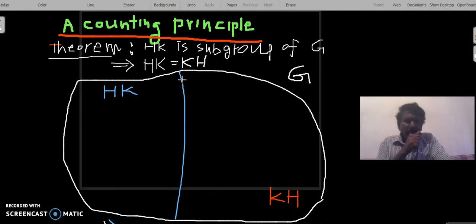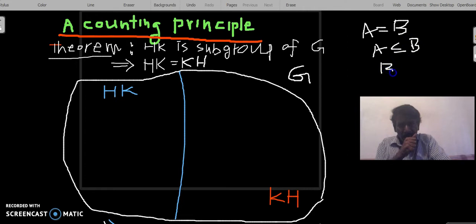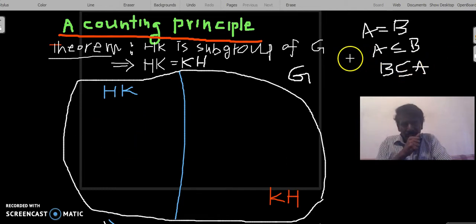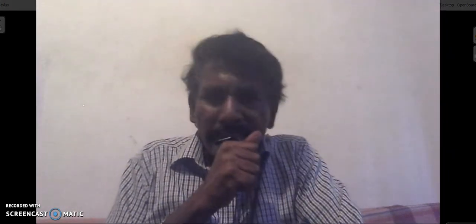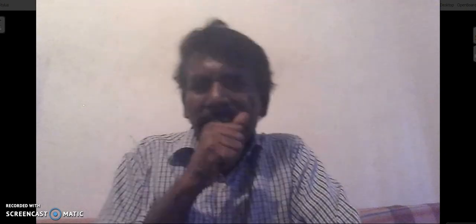So how can we prove that? We already know that to prove two sets are equal, suppose A is one set and B is another set, first we have to prove that A is contained in B and then B is contained in A. To prove this, we take one element belonging to A, show that it belongs to B, therefore A is contained in B. Afterwards we take one element in B and prove that the same element belongs to A. In the same way, I am going to take one element in the set HK and prove that the same element belongs to KH.